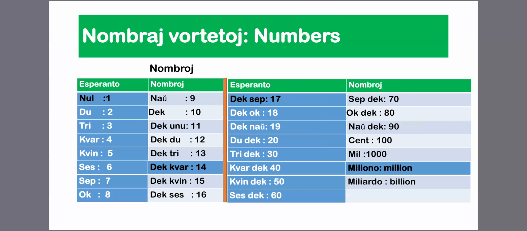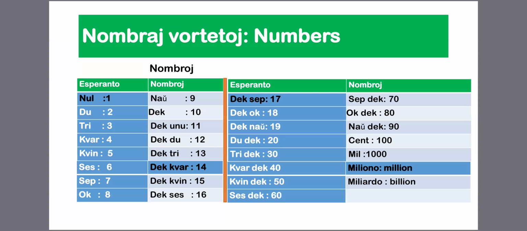But here on this template, I made a mistake, which I'm going to correct later. Nul is zero. Uno is one. I can say nul, unu, du, tri, kvar, kvin, ses, sep, ok, naŭ, dek. So the foundation is up to dek, 10.